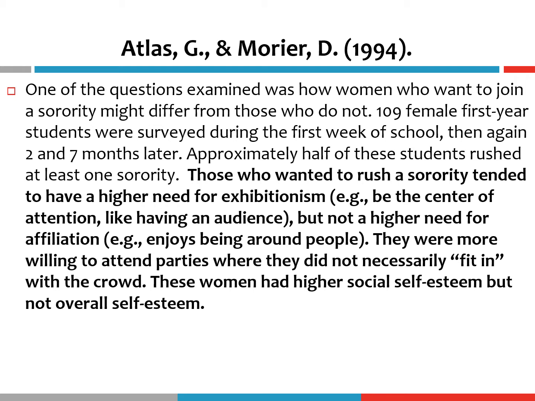Essentially what they found is that women who were interested in joining a sorority tended to have a higher need for exhibitionism, which is just a personality trait that measures how much you desire to be the center of attention, to have an audience, and things like that, right? But they did not have a higher need for affiliation, right?